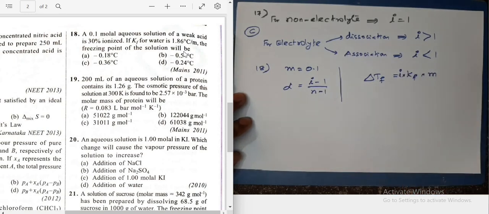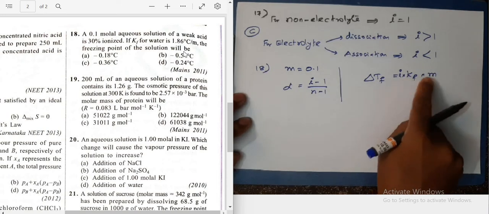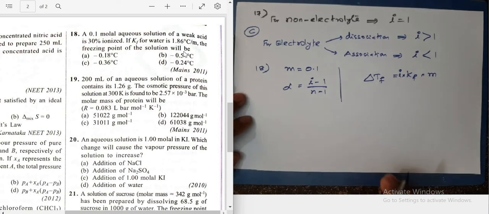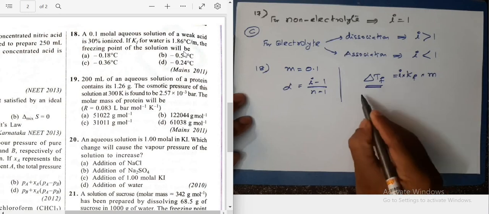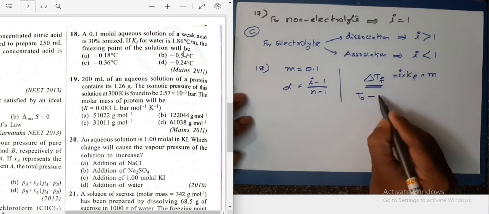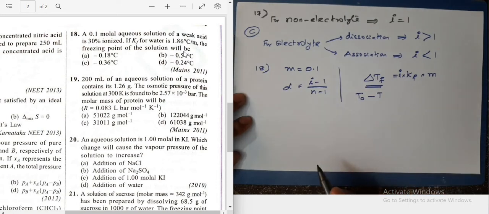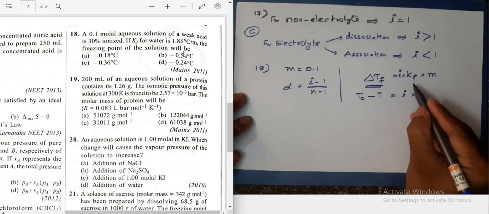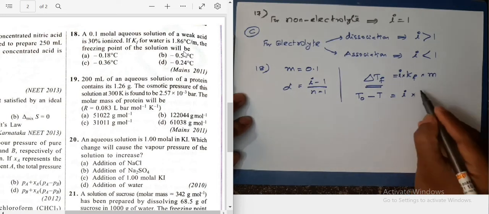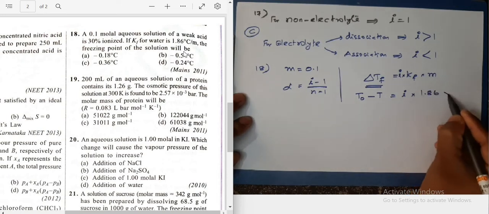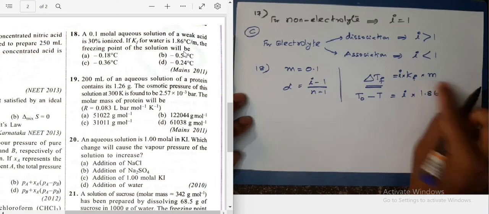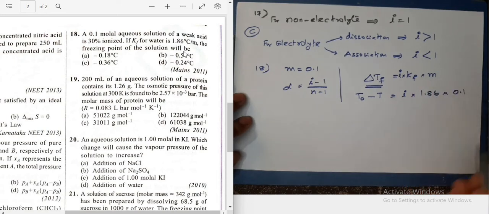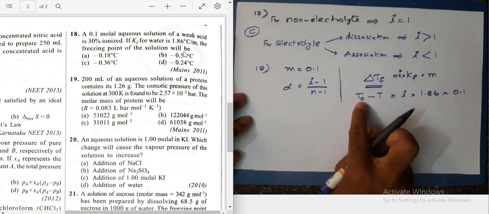Delta Tf is nothing but freezing point of pure solvent minus freezing point of solution. Kf for water is 1.86, and molality of the solution is 0.1.